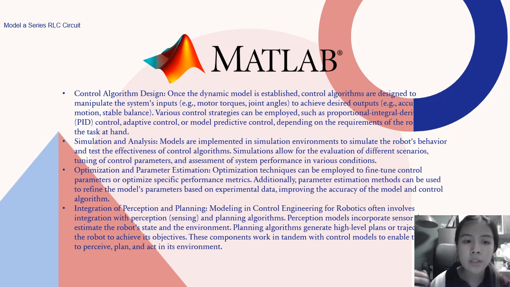And the last one, integration of perception and planning. Modeling in engineering control for robotics often involves integration with perception, about sensing or sensors, and planning algorithms. The perception model cooperates with the sensor.